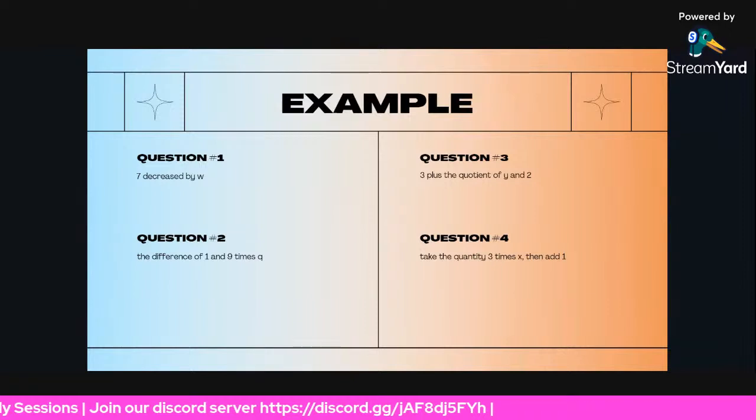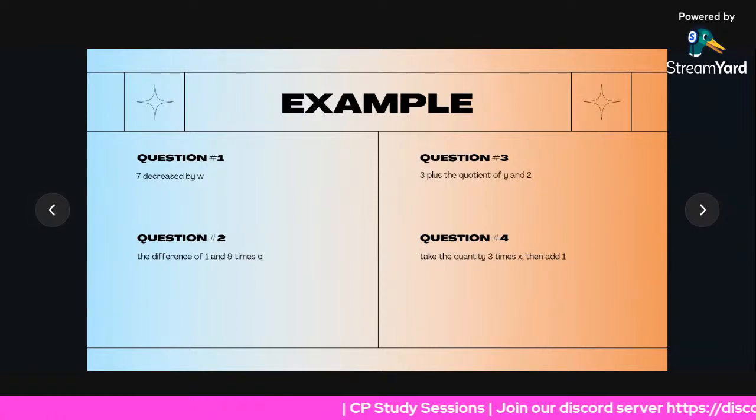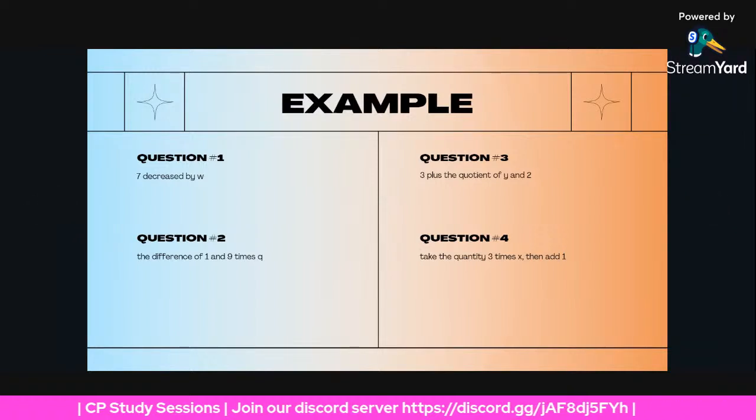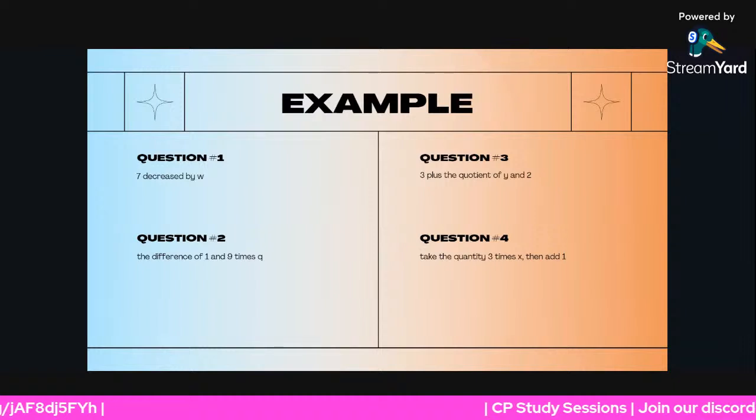So, ang uunahin muna natin is yung 9 times q. Kasi 'di ba sabi difference of 1 and 9 times q.